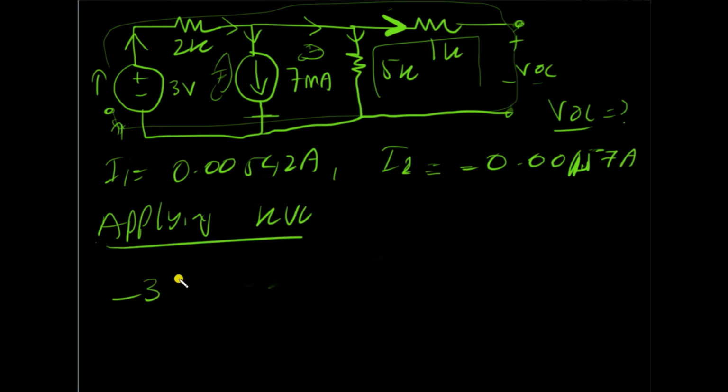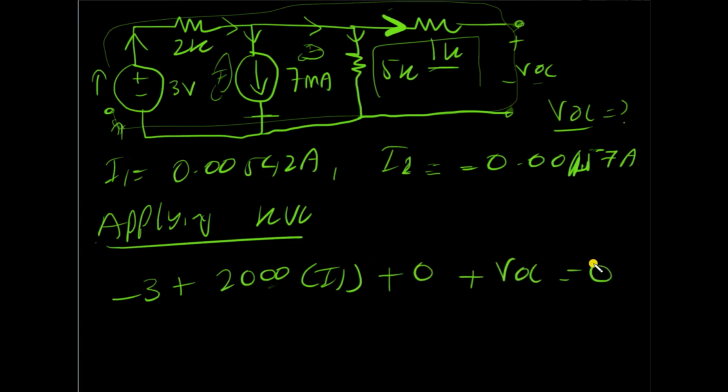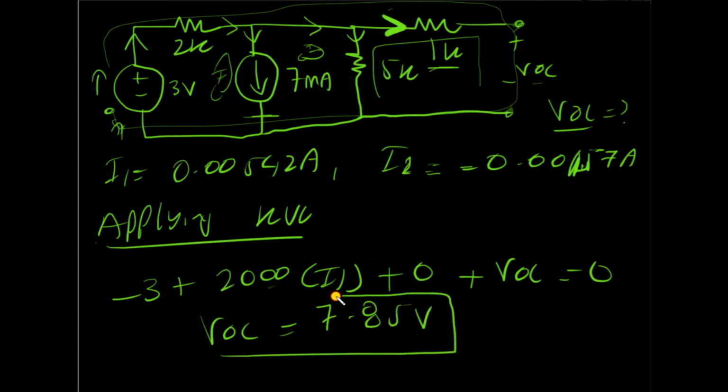Then there's this 2 kilo ohm resistor, so 2000 into I1. Then there's this 1000 ohm resistor, but there's no current flowing through it because it's an open branch. So plus 0 plus VOC is equal to 0. Solving this, VOC would come out to be 7.85 volts. So this is our VThevenin.